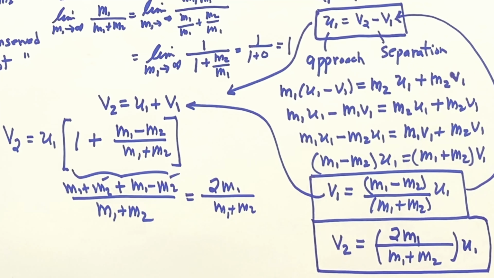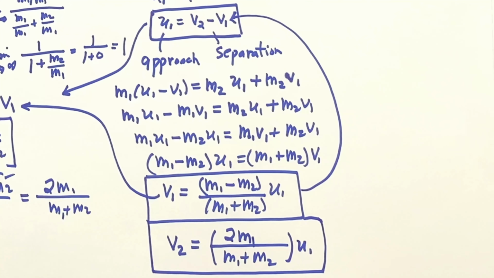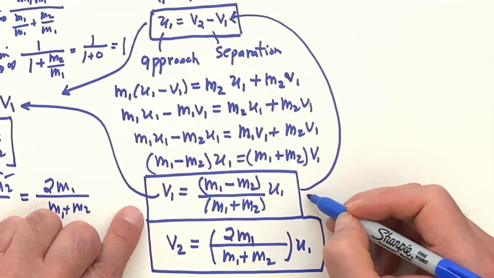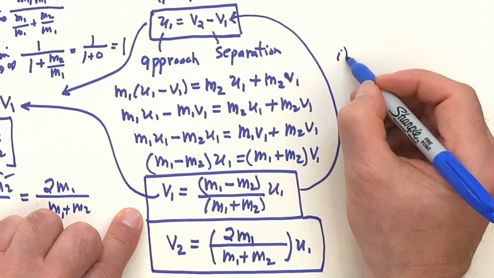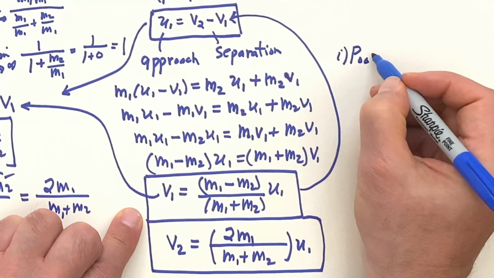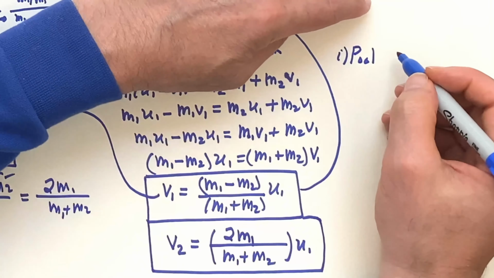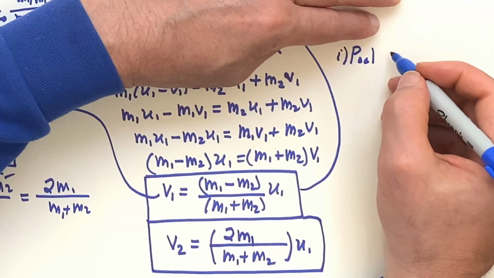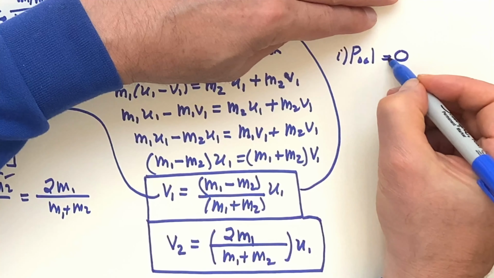So let's check some cases. The first case we're going to check here, I'm going to call pool or billiards. Because in pool, we're going to take here a pool ball. It's going to be hit.